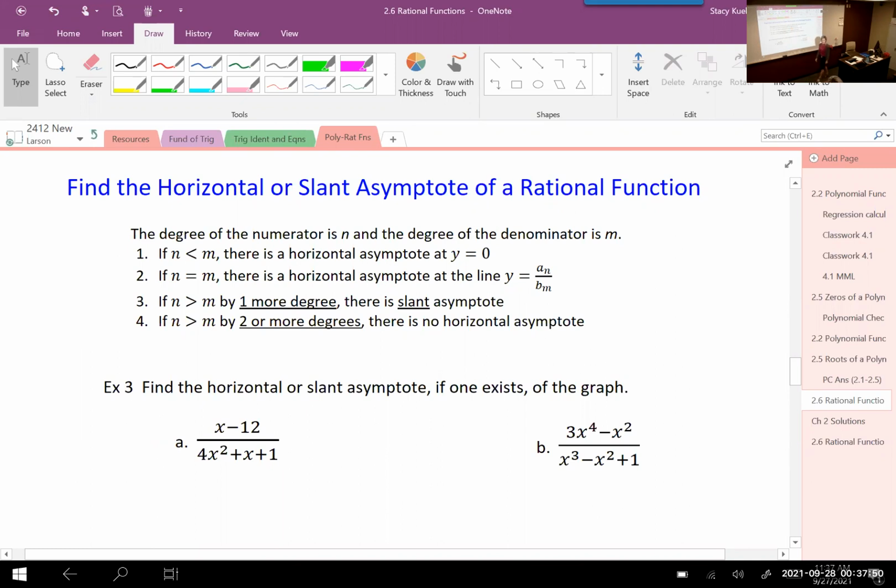But for now, it's good enough if you write this down. What this says is we're going to evaluate the degree of the numerator, which we're calling little n, and compare it to the degree of the denominator, m. So I am defining the degree of the numerator as n and the degree of the denominator as m, okay?